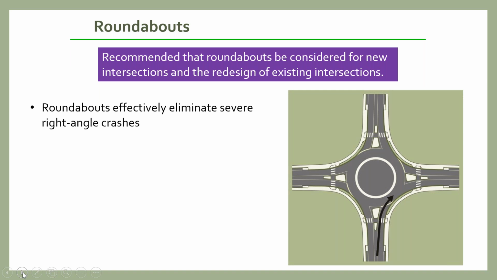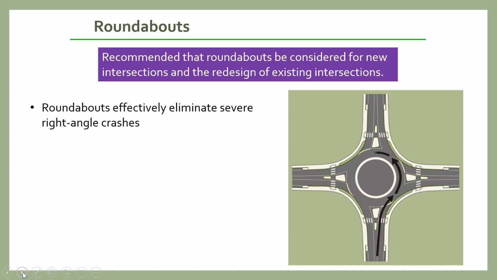As a driver approaching the entry to the roundabout, you're really only encountering traffic coming from one direction, around the circulatory roadway, and traffic in the circulatory roadway is probably going slow because the inscribed circular diameter of that roundabout is controlling the speed. So it's easier to make that judgment of the gap because the vehicle in the circulatory roadway is going slower. You only have to worry about that one direction.